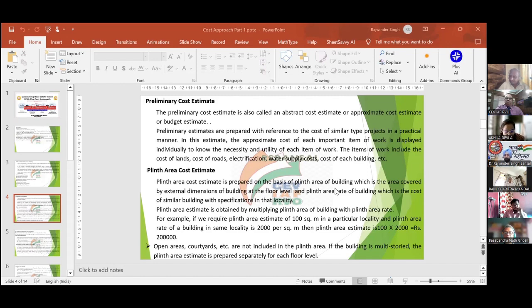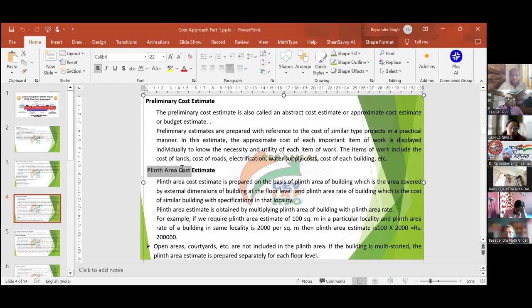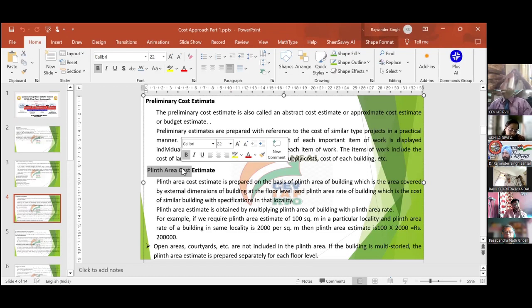The basic thing is that we are using the plinth area of the property and the plinth area cost as given by the state or central public works department schedule of rates. That gives you the replacement cost of a new building as on today.